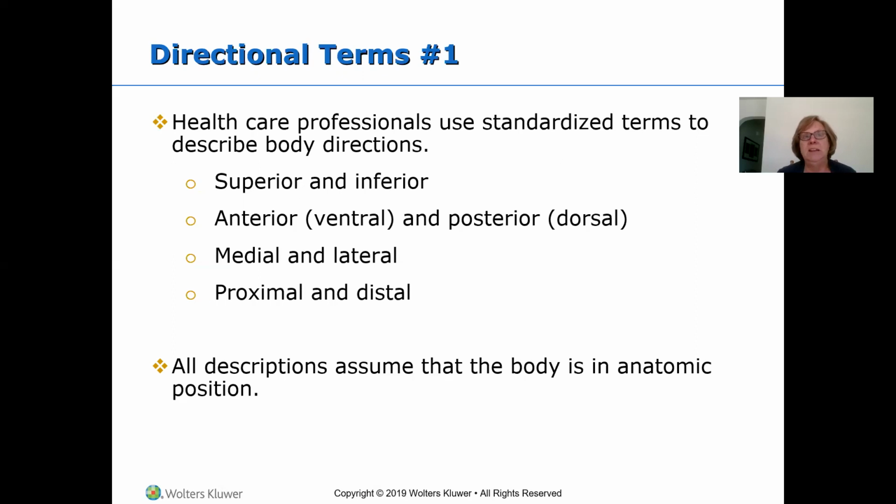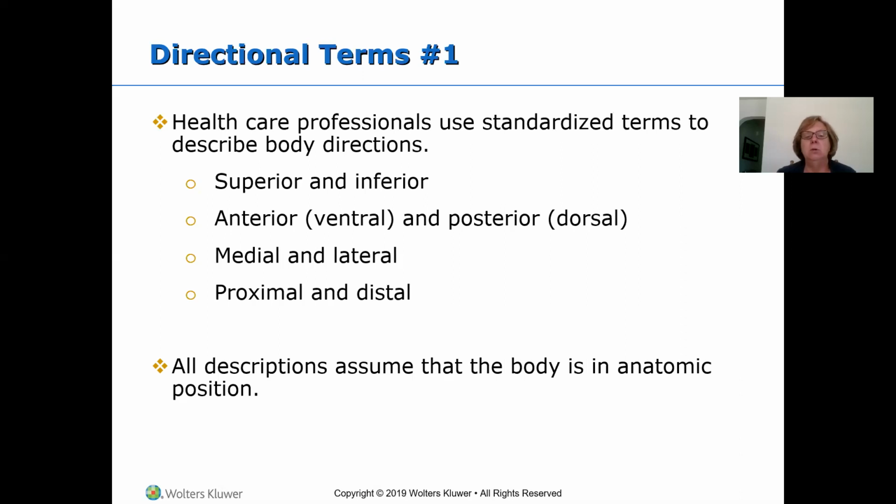Your legs would be inferior to your chest. And then we look at anterior and posterior directions. Anterior is ventral, another term for it, and is towards the front. Posterior is towards the back, and it's also called the dorsal.